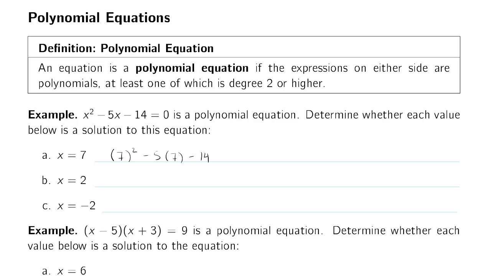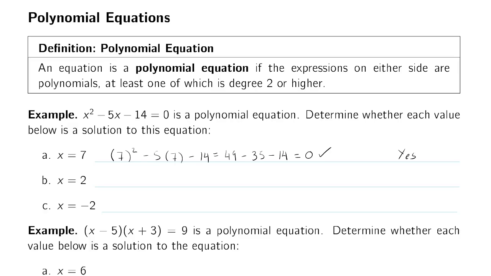If you like, you can throw that whole thing into your calculator. Just for the sake of the notes, I'm going to write out a bit more of the arithmetic. 49 is 7 squared. 5 times 7 is 35. And then I've got 14. 49 minus 35 is 14. Minus 14 is 0. So yes, x equals 7 is a solution to this equation.